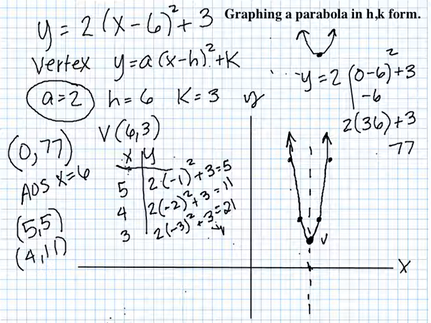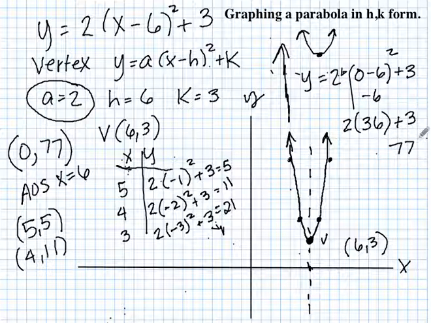I would like to point out once again that the vertex here was at (6, 3). My parabola opened up because A was a positive 2. And if I were to continue going like this, I would probably hit 75 way off the graph somewhere. So I hope this has been a good example of how to graph a parabola that is in HK form.